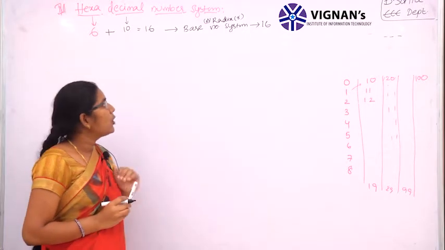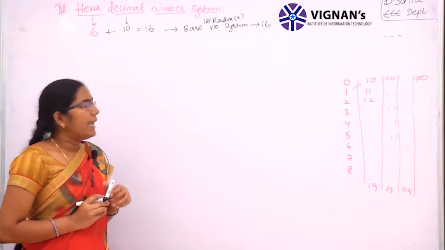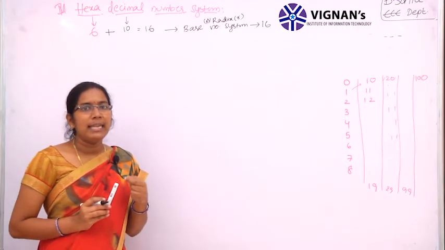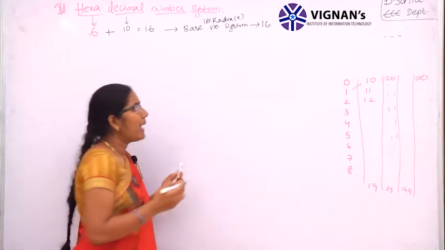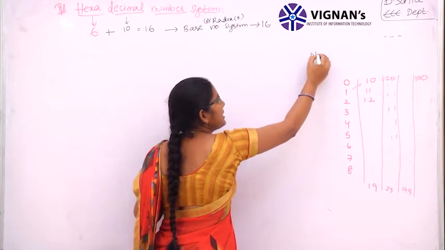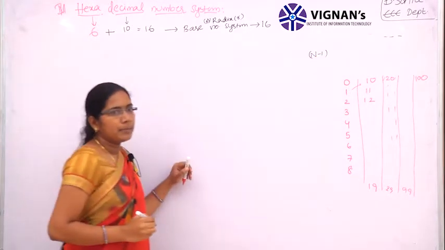As we are having one key point, what is it? If any system is having n unique digits, then the maximum number will always be n minus 1.